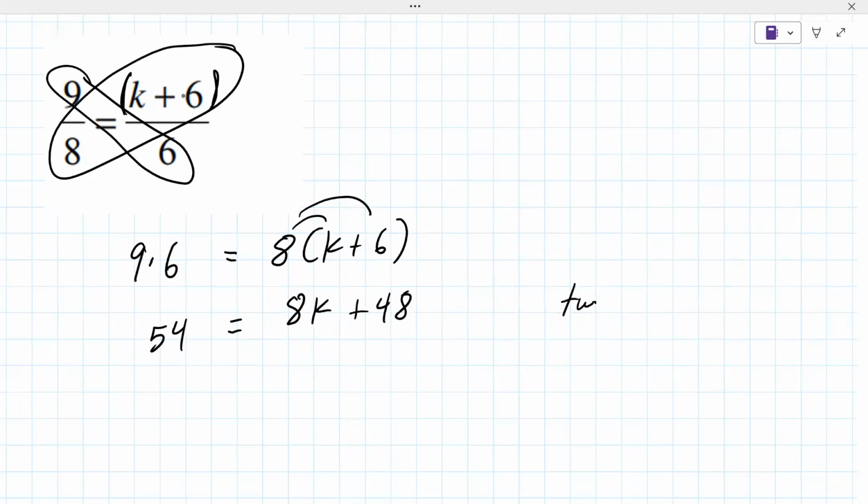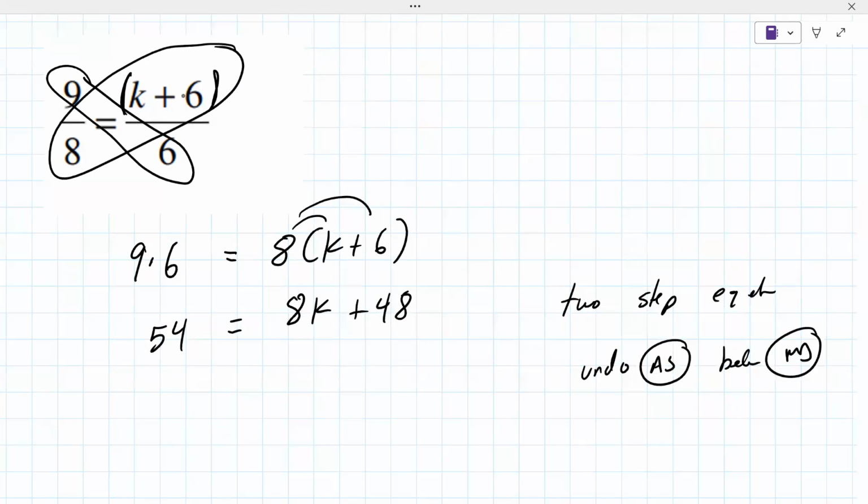This is considered a two-step equation. In two-step equations, you always undo addition and subtraction before multiplication and division. So on the right-hand side, it's multiplication by 8 and addition by 48. Which do you undo first? Undo the 48.